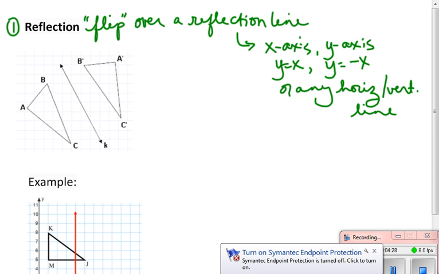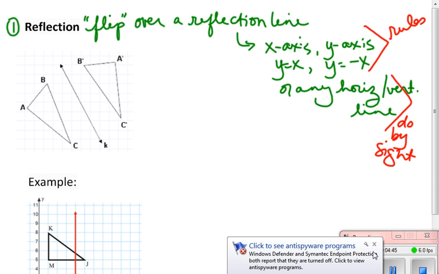Now, these have rules. These you can do by sight. So you'll use the graph and figure out how to reflect it. So in this case, you can see here's my reflecting line. It's one of those random lines in space. Here is my pre-image. Because of the notation, here is my image.